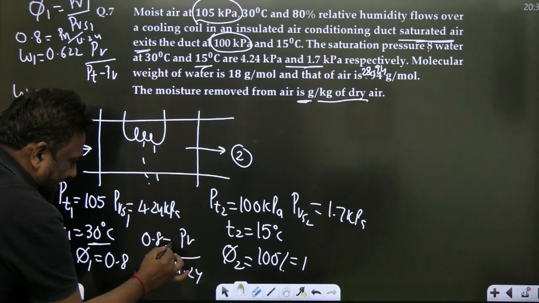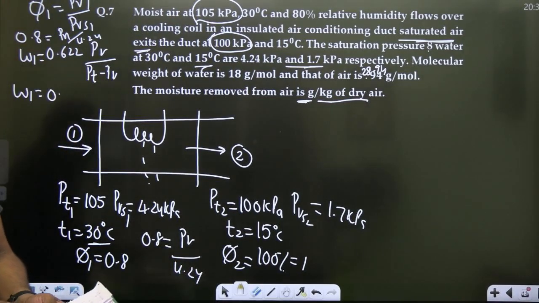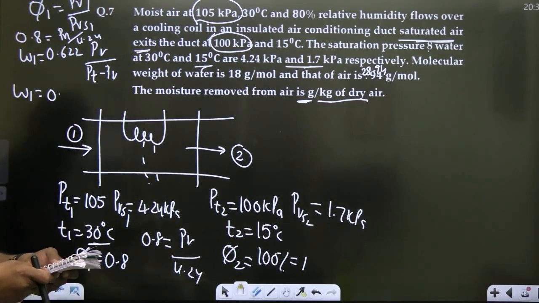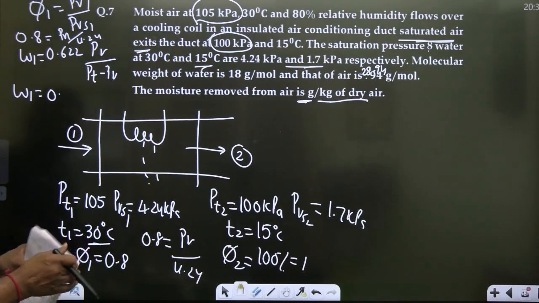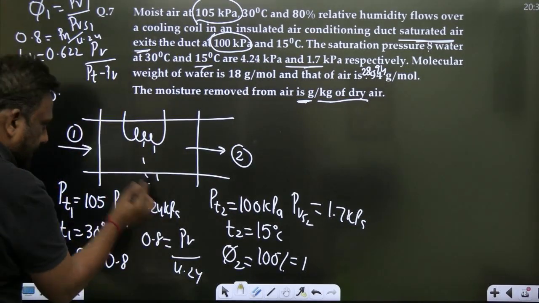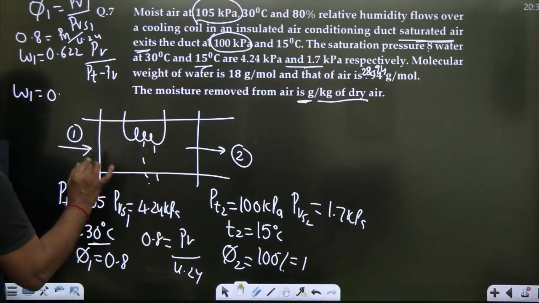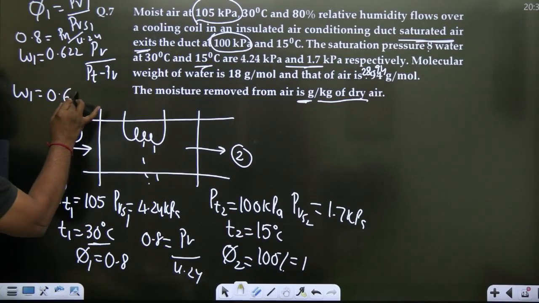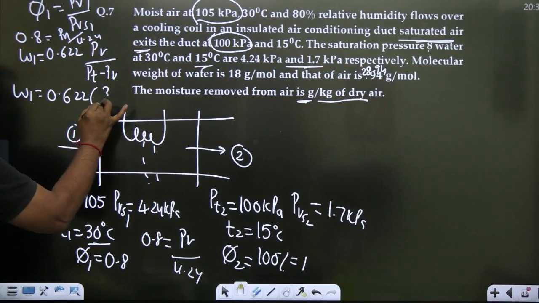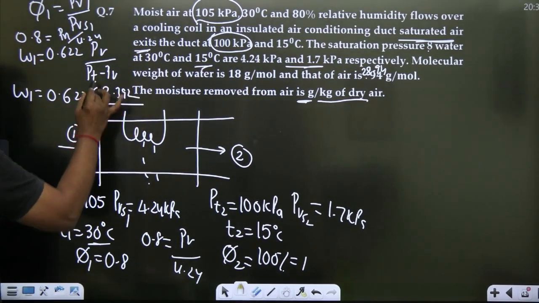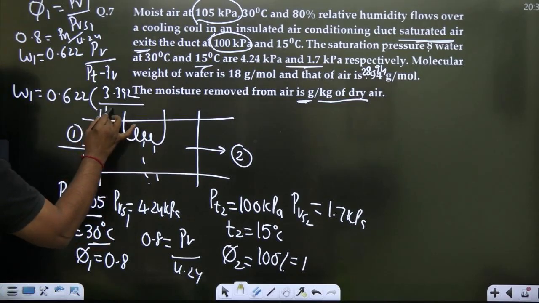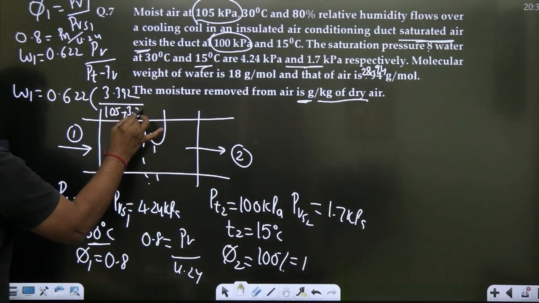The relative humidity given is 0.8, so 0.8 equals PV1 by PVS1, where PVS1 is 4.24. From here I can calculate PV, and I am getting PV as 3.392. Put here 0.622 times 3.392 by P total. First, P total is 105 minus 3.392.